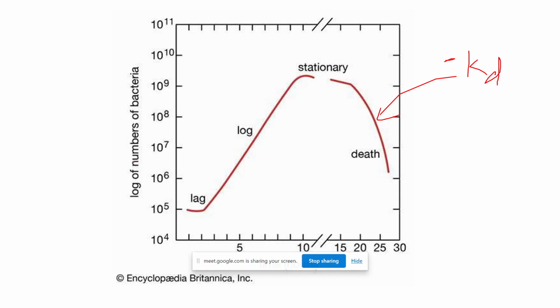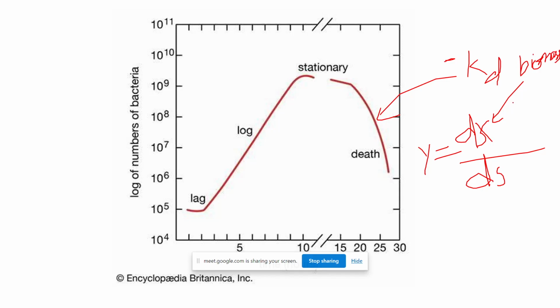So if you consider yield, Y is equal to dx by ds, that is biomass produced divided by substrate consumed.